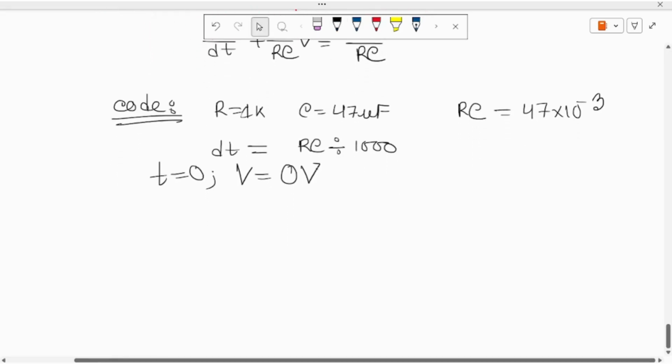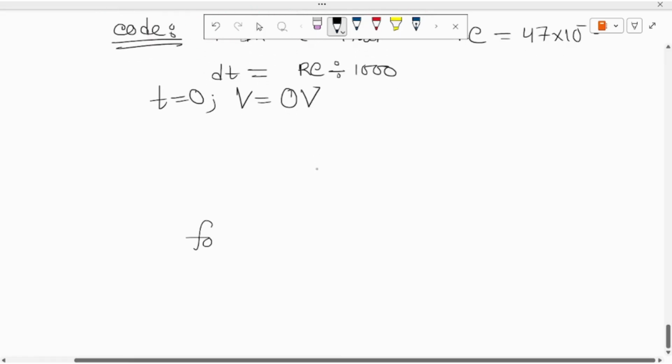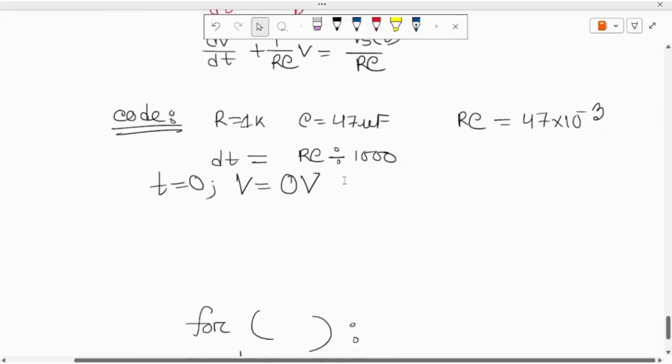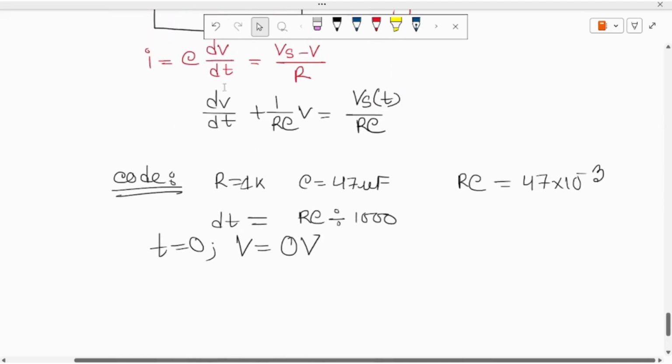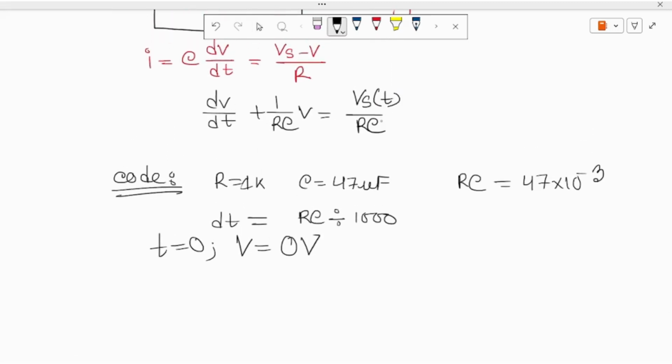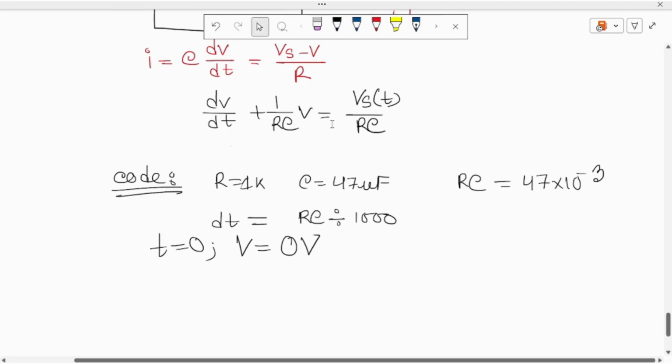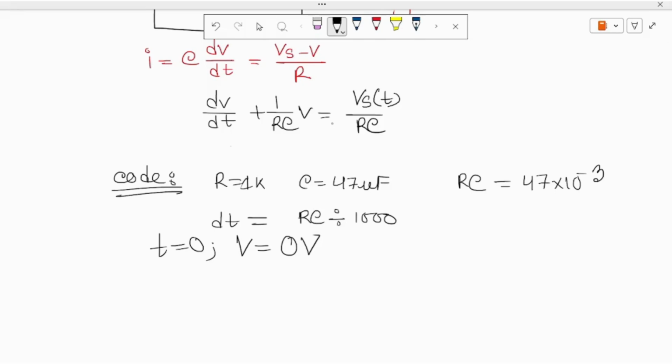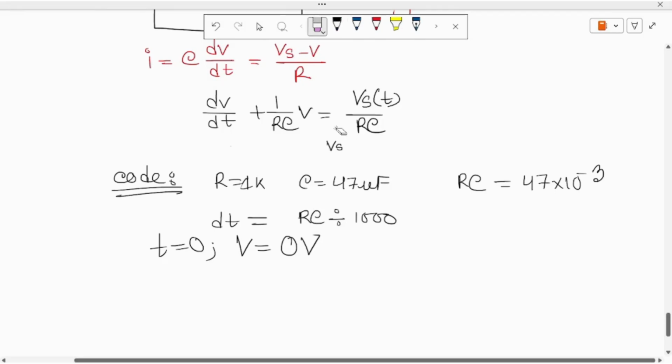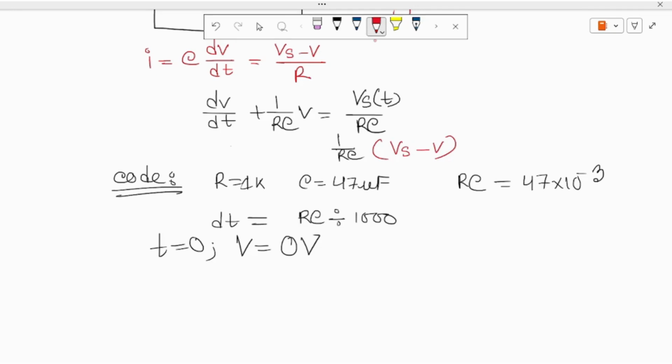And now inside a for loop I have to write dV. So what will be dV? We will have dV from this equation. So let's find dV. If I take this 1 by RC times V to the right hand side, I will have 1 by RC times (Vs minus V) is equal to dV by dt.